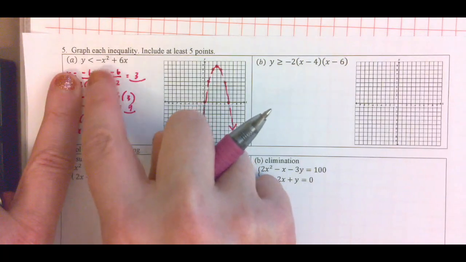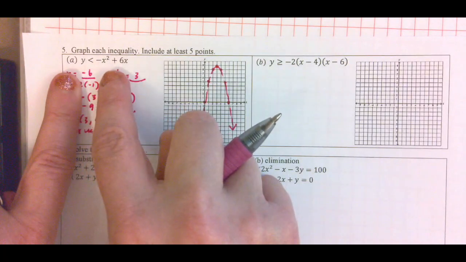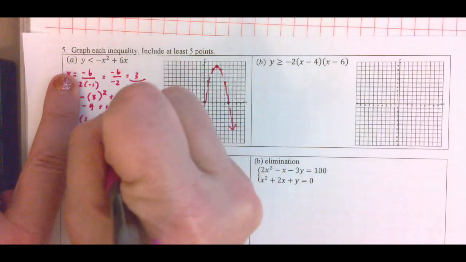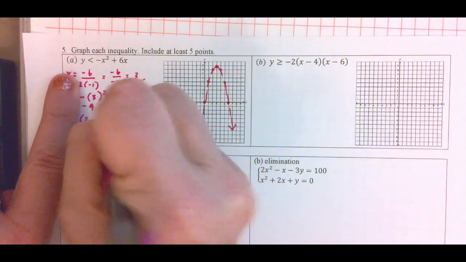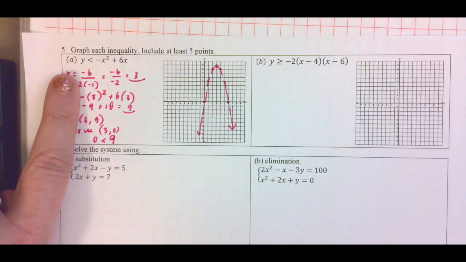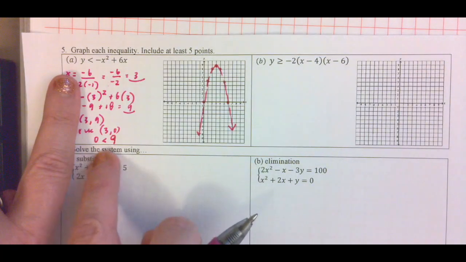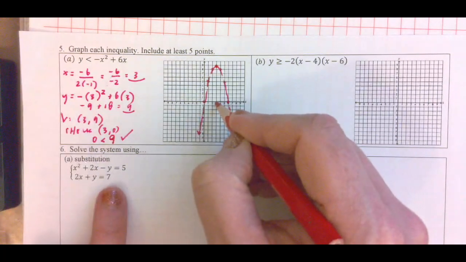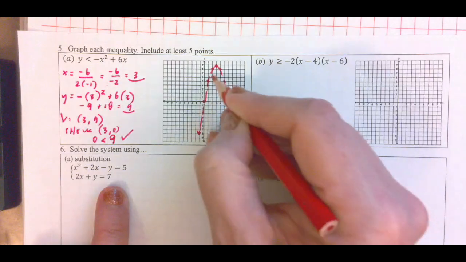So negative 9. And then here I'd have plus 18. So that would give me a positive 9 overall. I'll just get to it a little faster. Negative 9 plus 18, positive 9. Is 0 less than 9? Yes, absolutely true. That confirms that this point right here is in my solution region, and that's where I'm shading.